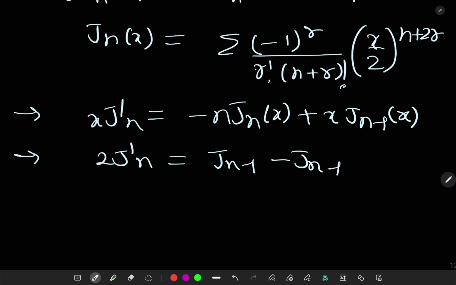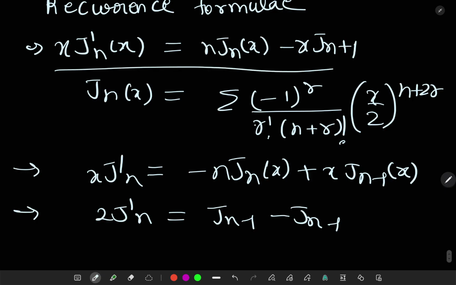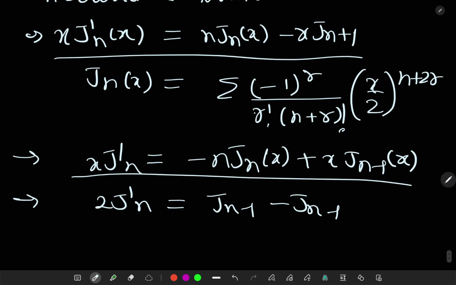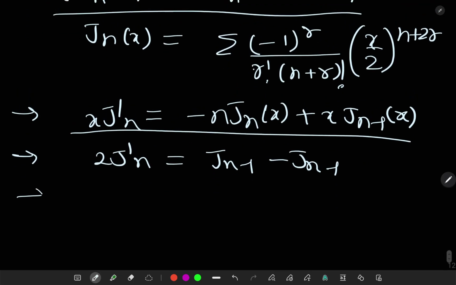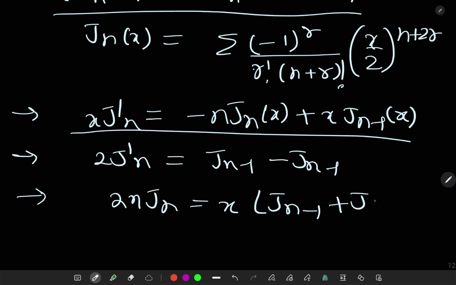We get it using these two equations, first and second, by adding both, and similarly we get this fourth relation by subtracting the first and second relations.